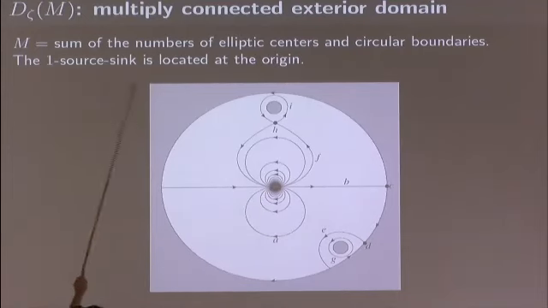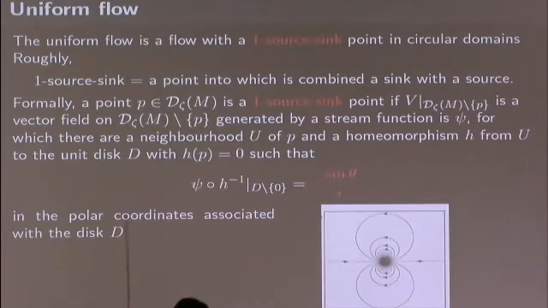So one source-sink is a very new structure. Yes. And a uniform flow is a flow with one source-sink point.